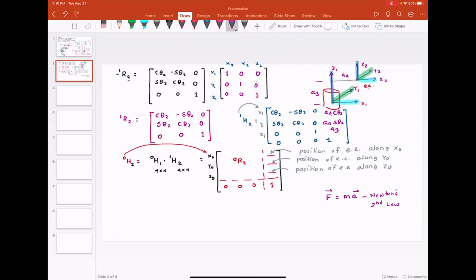So acceleration is the second derivative of position. The mass, and I'm just talking about translation, and you have force. So if you want to find out what the forces on the end effector are, or how much force the end effector can apply, what type of control I want to use, then you have to use Newton's second law.